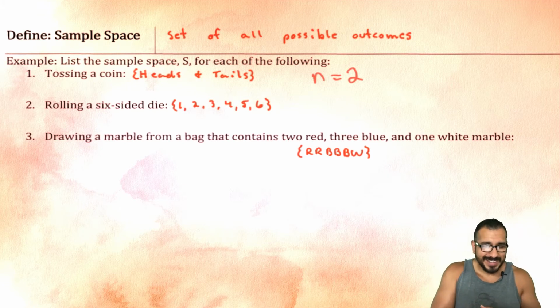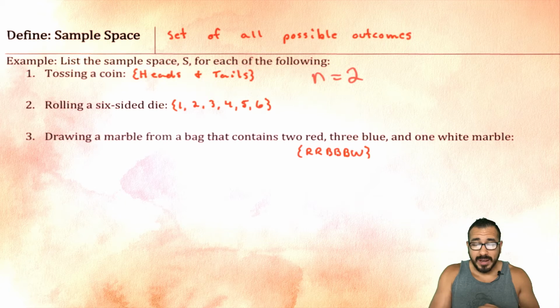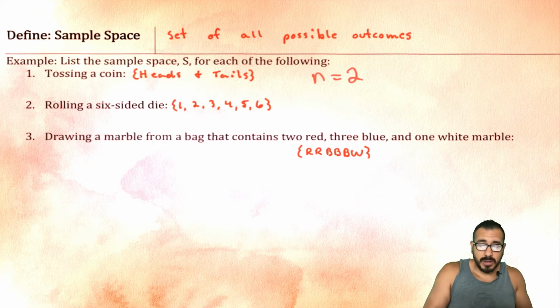All right, next, number 3, drawing a marble from a bag that contains 2 red, 3 blue, and 1 white marble. So we pick one. What are the possibilities? Well, we have 2 reds, 3 blues, and a white. We could put commas between all those.